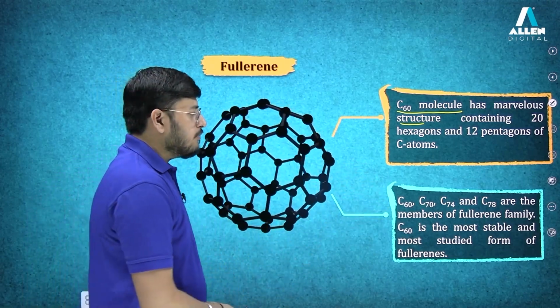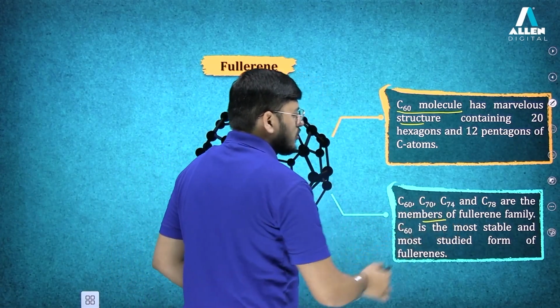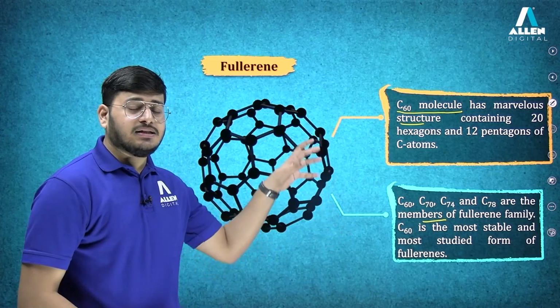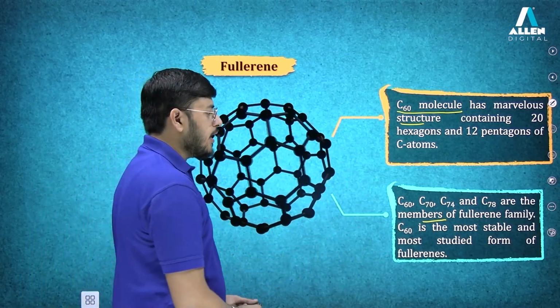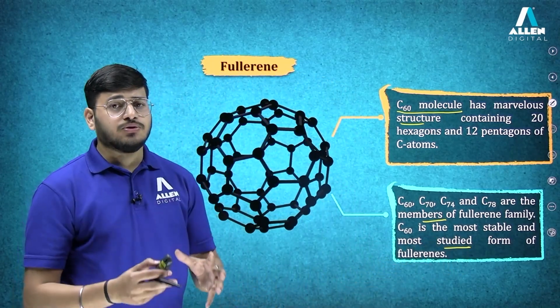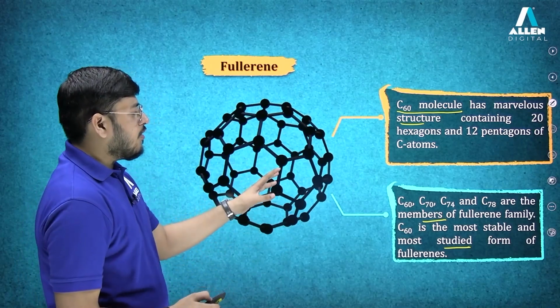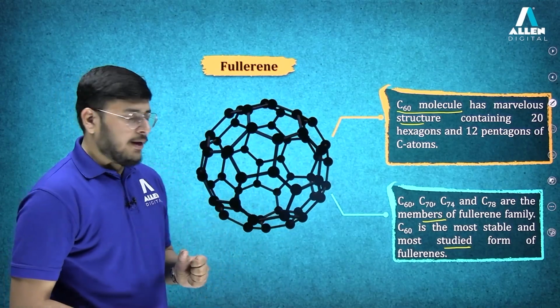These are the other members of the fullerene family. But C60 is the most stable and the most studied form of the fullerene, called C60 fullerene.